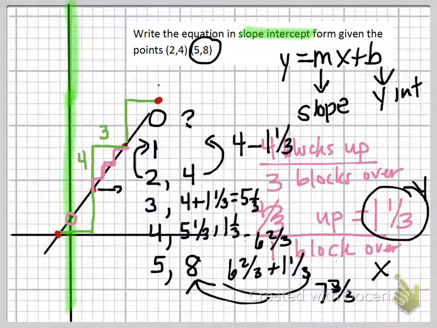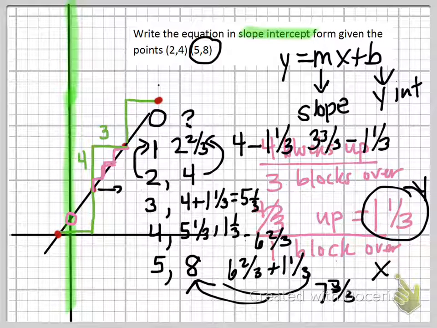Well, that is 3 3/3 take away 1 1/3. That is 2 2/3. That's what the value is right there. Does that make sense? I think it does. We're over 1 and we're not quite up 3 blocks.